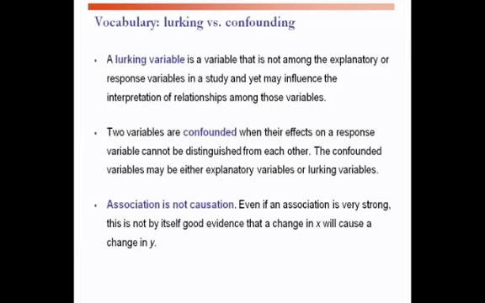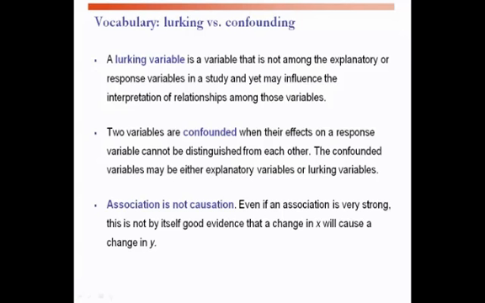So let's talk about confounding. Two variables are confounded when their effect on a response variable cannot be distinguished from one another. That means these two variables explain the same thing about your response. That's called confounding. Okay? We already saw a lurking variable.